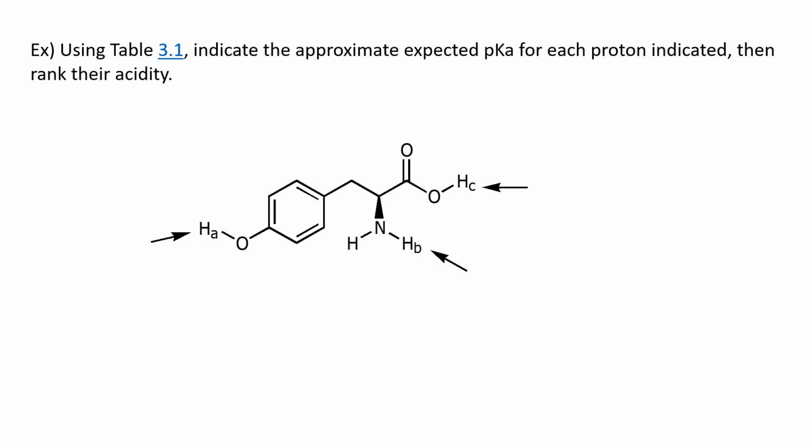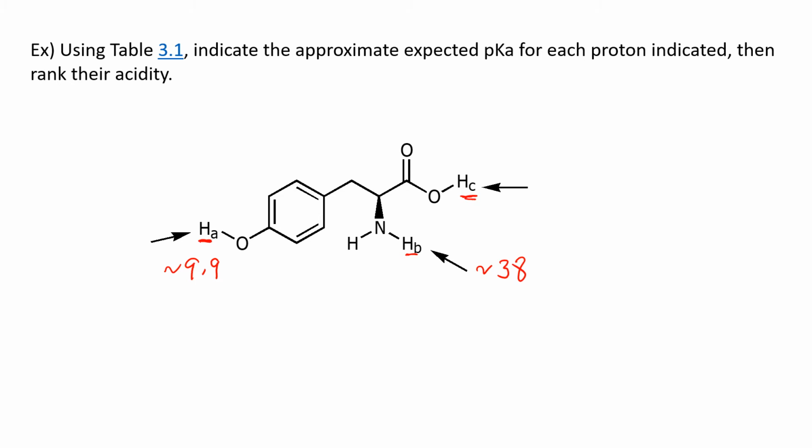Our first proton, HA. Well, that looks like we have an aromatic ring with an alcohol. That's actually called a phenolic ring. However, this has a pKa of approximately 9.9. Our amine, HB, had a pKa of roughly 38.